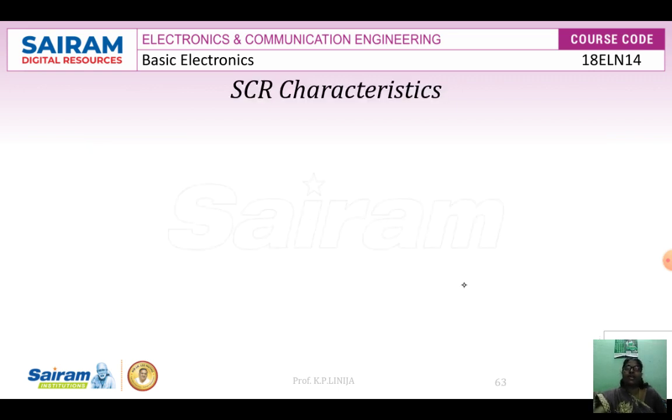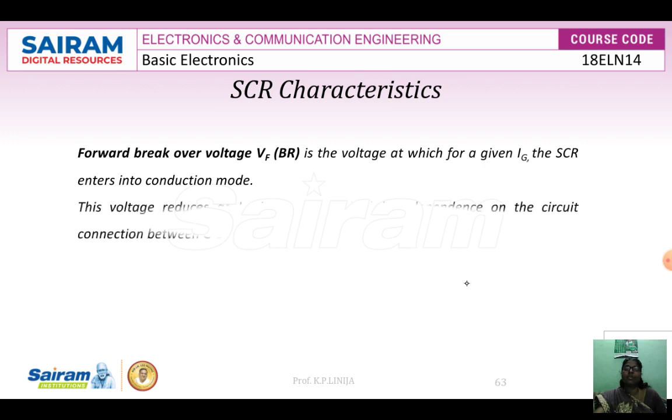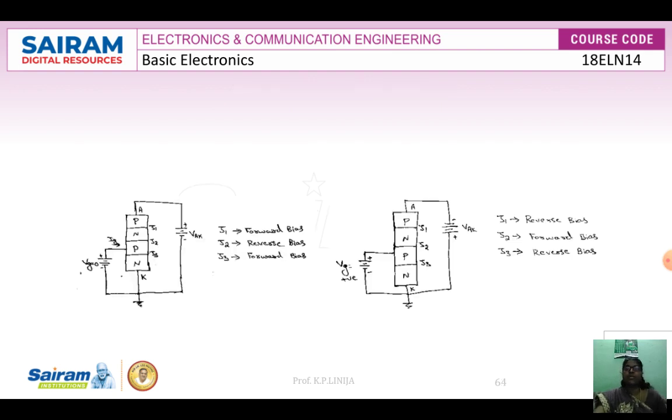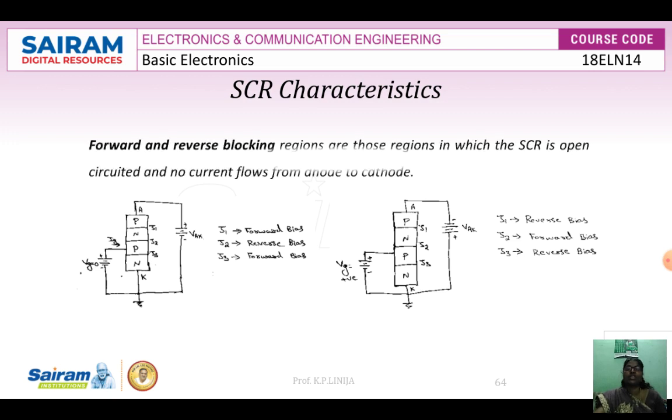Then, followed by the holding current, we can discuss the forward breakdown voltage, that is, the forward blocking region. This is the forward blocking region and this is the reverse blocking region.